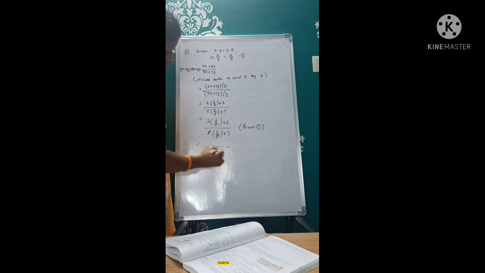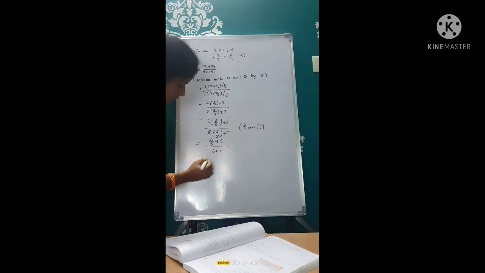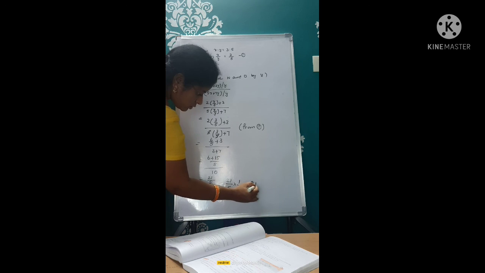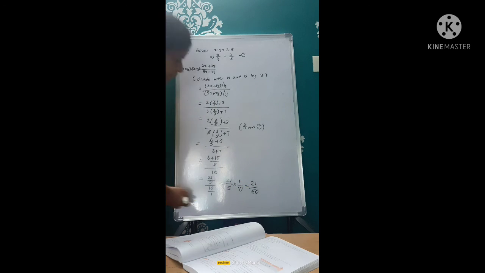In the denominator we have 3 plus 7 only. In the numerator 2 3s are 6 by 5 plus 3. So take the LCM here 5, and here 10. 6 plus 15, 21 by 5 by 10 by 1 equals 21 by 5 into 1 by 10 equals 21 by 50.